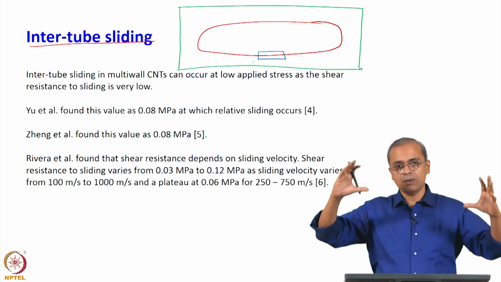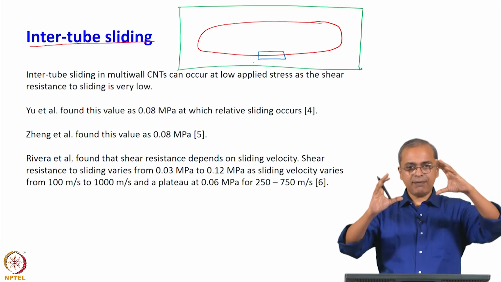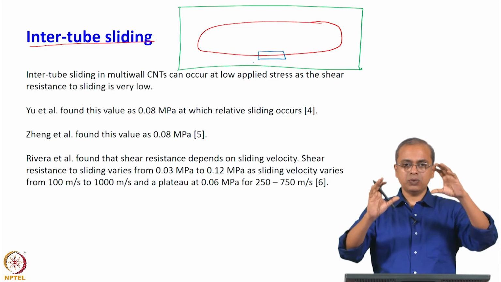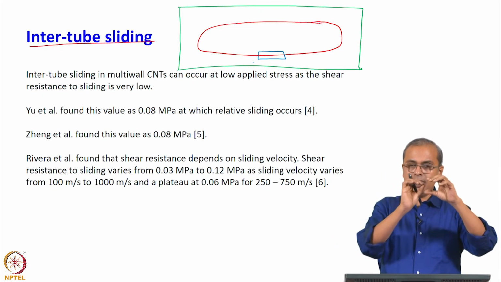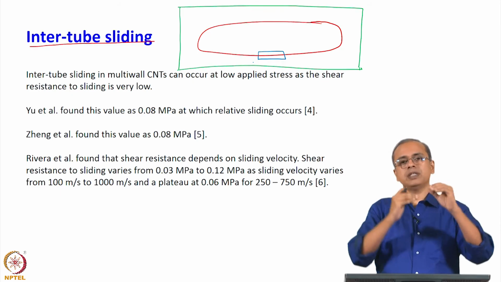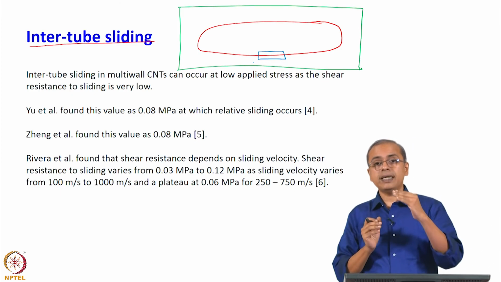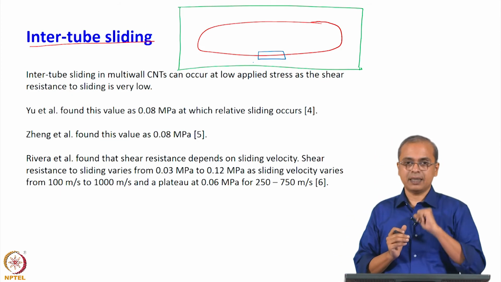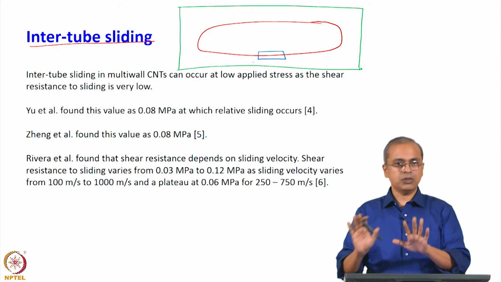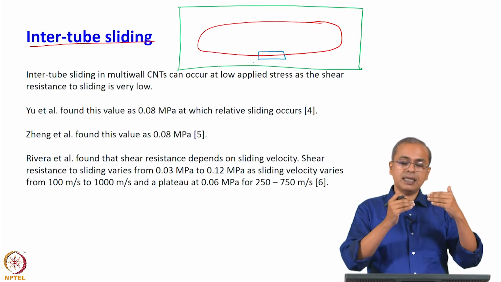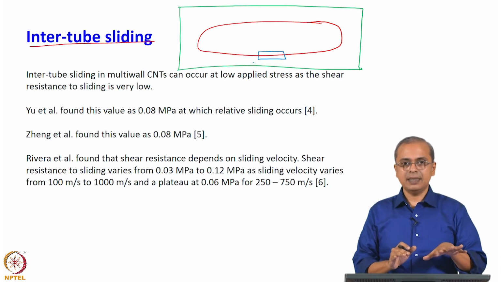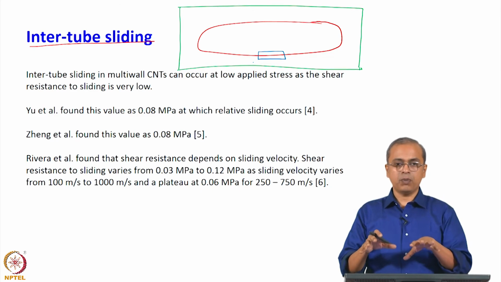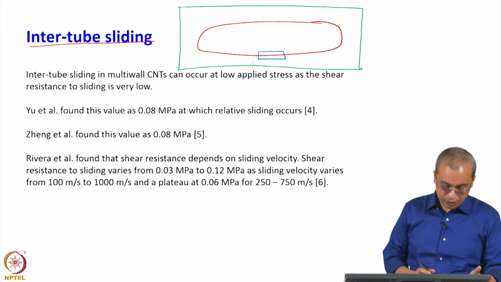Therefore, when a vibration goes through the system, they are vibrating in unison, so there is no relative motion between the two of them, and no energy dissipation occurring at that interface. Let us assume that that is the case, and there is only one other way in which energy is getting dissipated in this particular model, and that is intertube sliding.